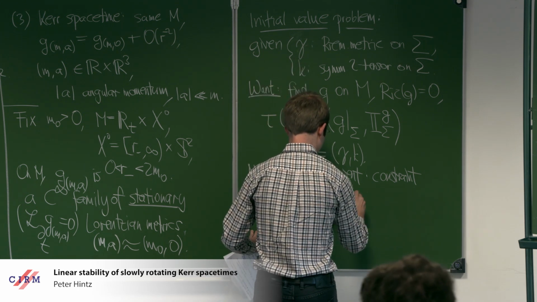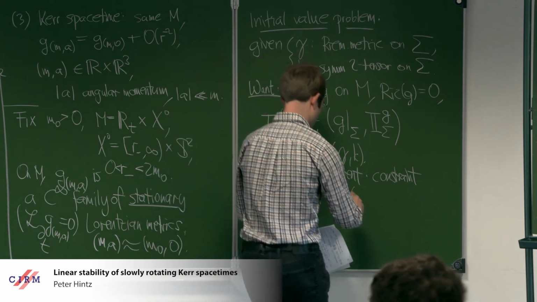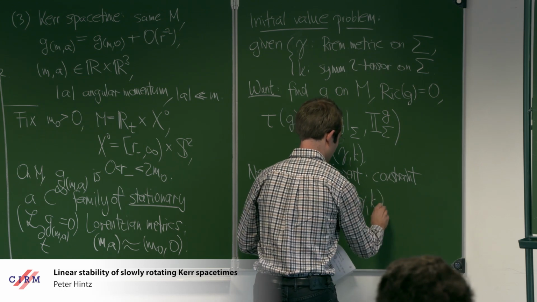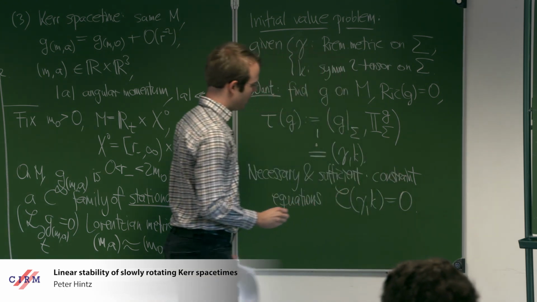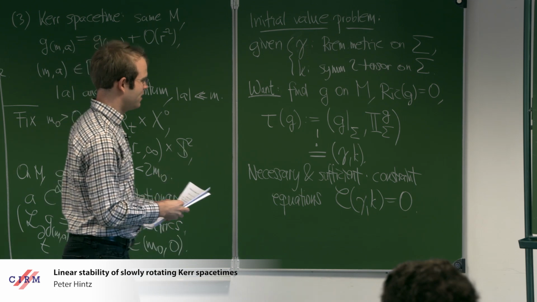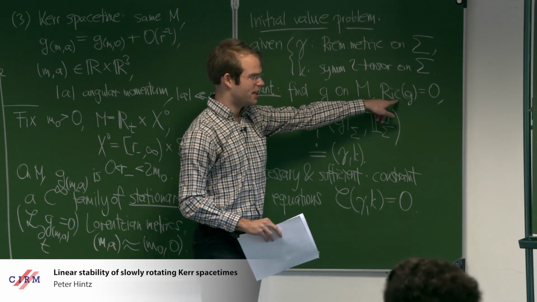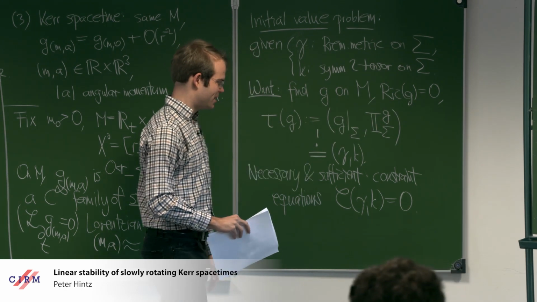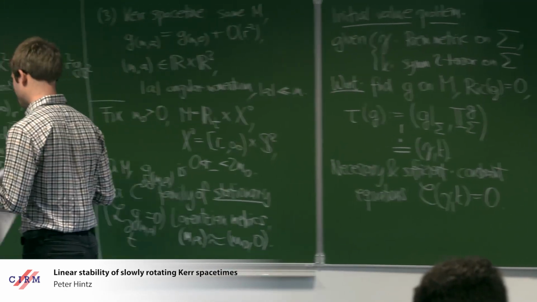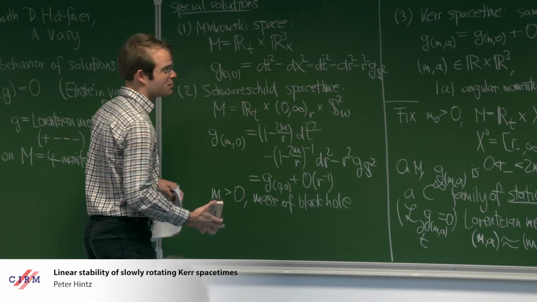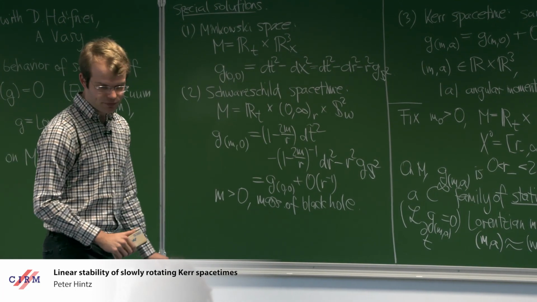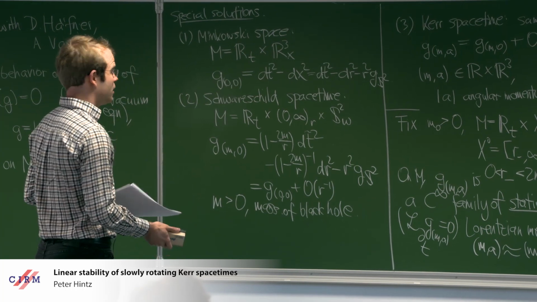I'm not going to write them down, I'm just going to give them a letter: C of gamma and K equals 0. They're just the Gauss-Codazzi equations for the geometric data induced on a hypersurface inside of a Ricci flat ambient spacetime. So it's some nonlinear second order system of PDE for gamma and K.